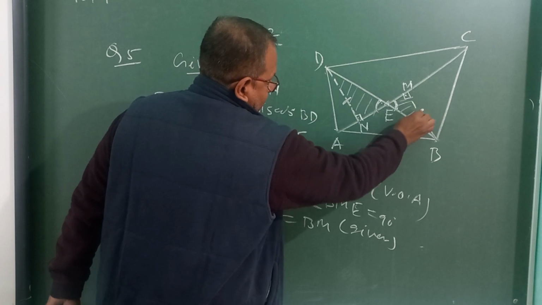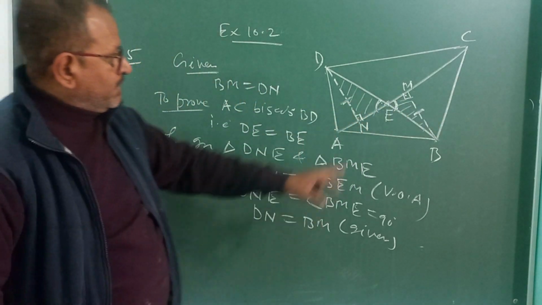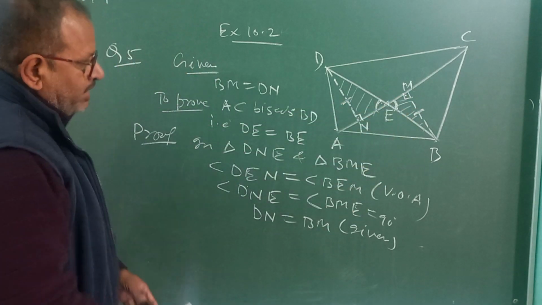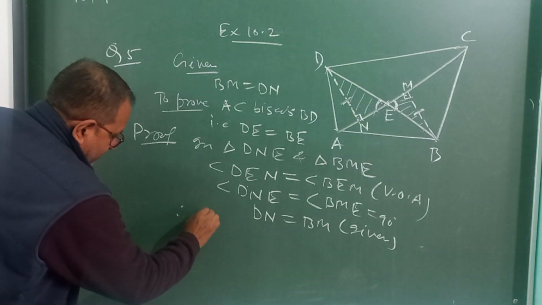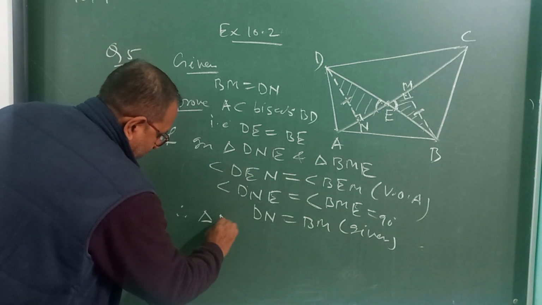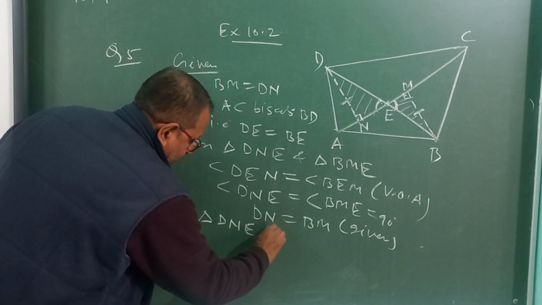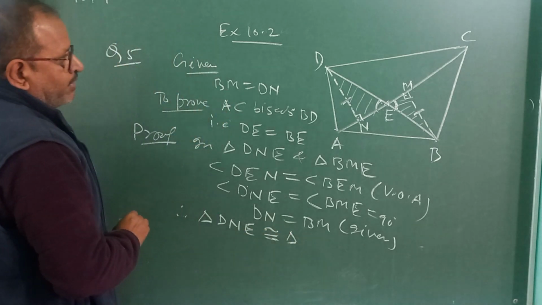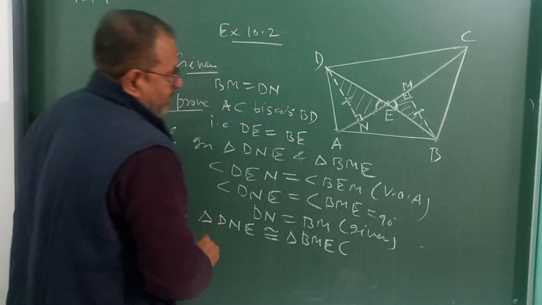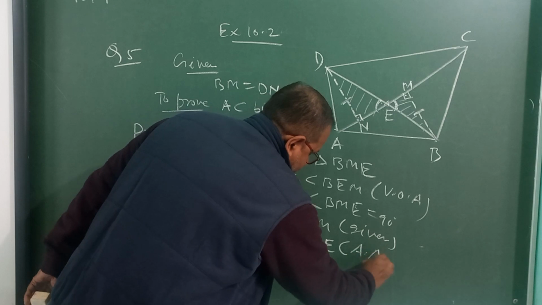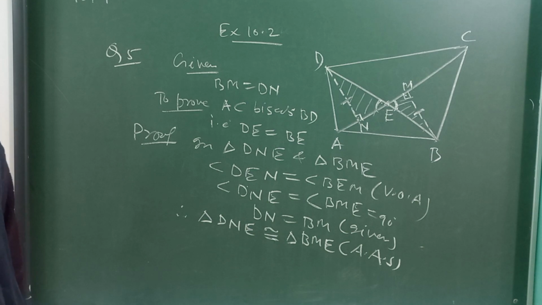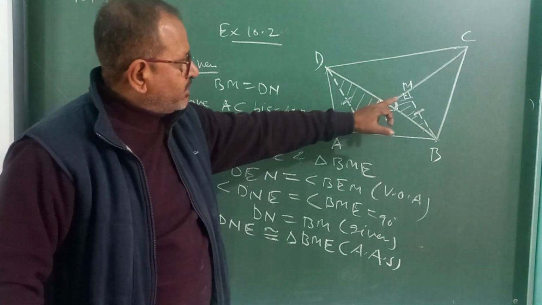By AAS, these two triangles are congruent. We can write triangle DNE is congruent to triangle BME by the angle angle side rule of congruency.